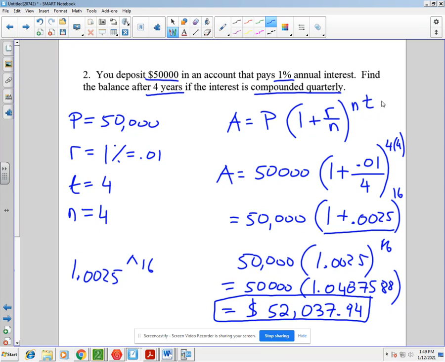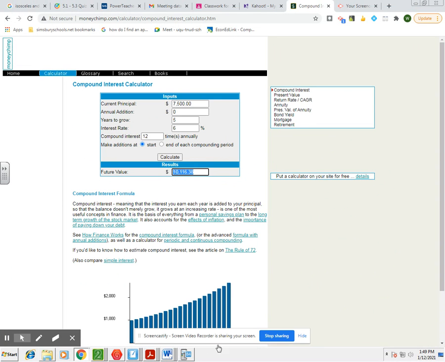Let's check if we get the same answer if we use our calculator. So if we use our calculator, okay, that's the website I showed you. So I'm investing 50,000. Annual addition, I'm not adding any money. Years to grow, I said 4 years.